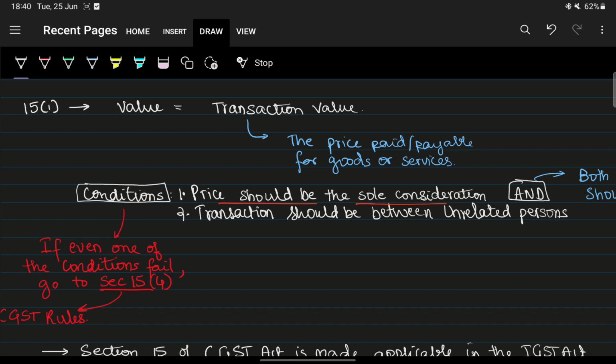Only monetary consideration. To remember it easily, it should be only monetary consideration. The second condition is that the transaction should be between unrelated persons, not between related persons.